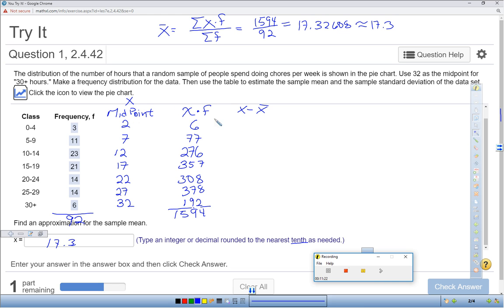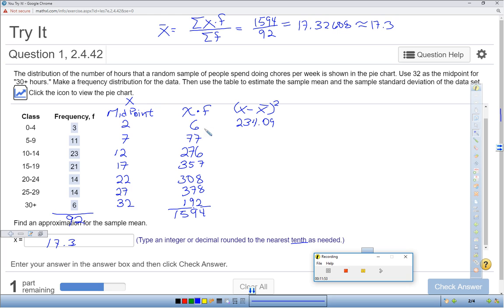So what is 2 minus 17.3? Let's do that in my calculator. 2 minus 17.3 equals negative 15.3, and that must be squared. If you take the square, the result is 234.09.